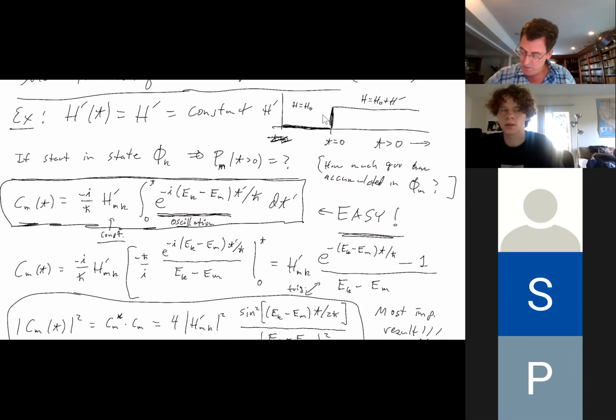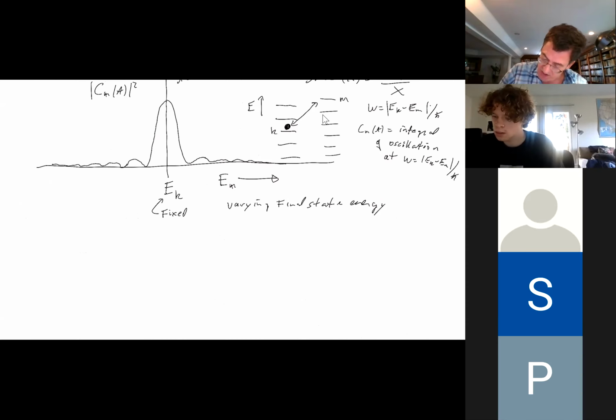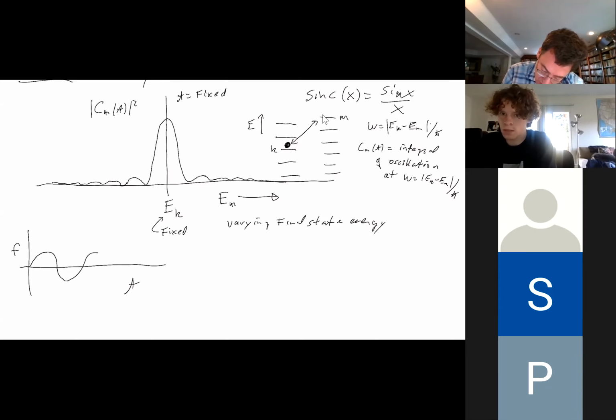I just want you to see something really simple. This is a function f, this is time. Here's an oscillatory function. What is its integral? Zero? Yes, that's the answer, zero.